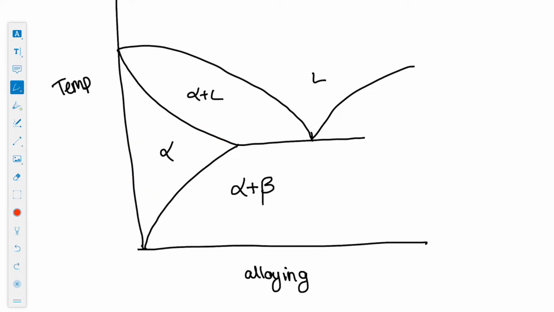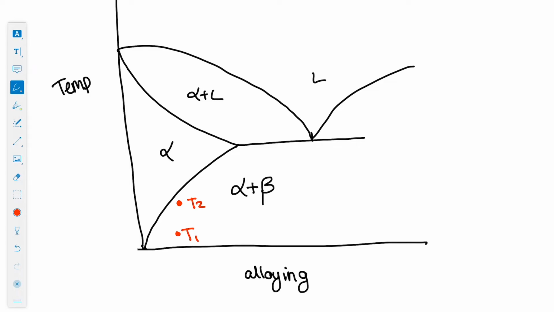So I'm going to imagine that when I am performing precipitate hardening, there's three temperatures that I want to work within. There's my room temperature, T1. There's going to be an intermediate temperature, T2.